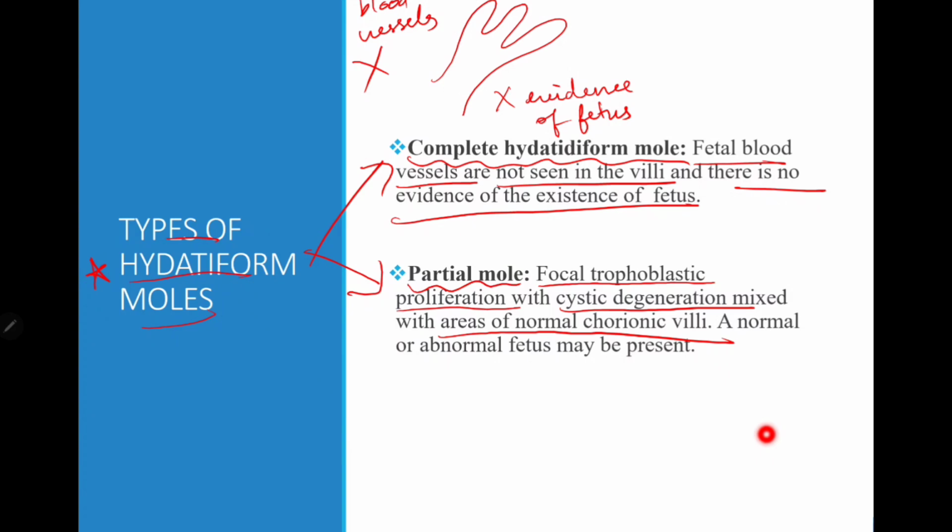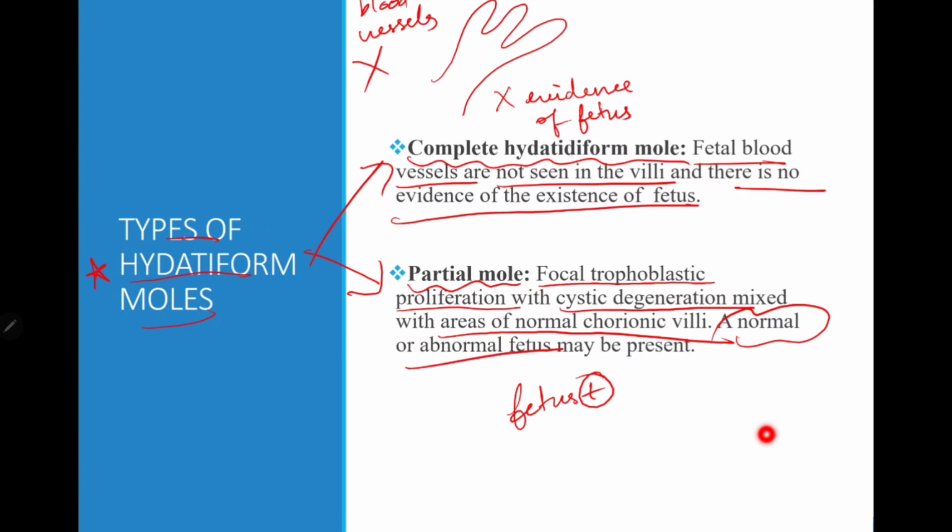It is a focal trophoblastic proliferation along with cystic degeneration that are mixed with areas of normal chorionic villi. A normal or an abnormal fetus may be present. The fetus is going to be present here, and this fetus can be either normal or abnormal.